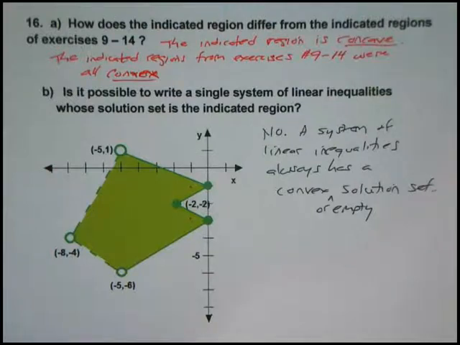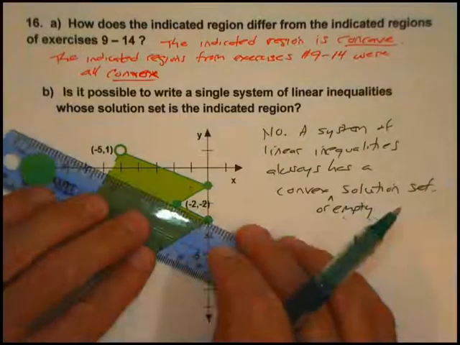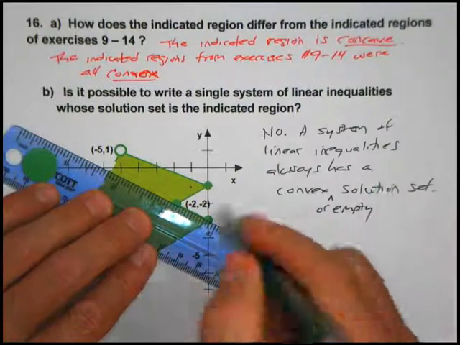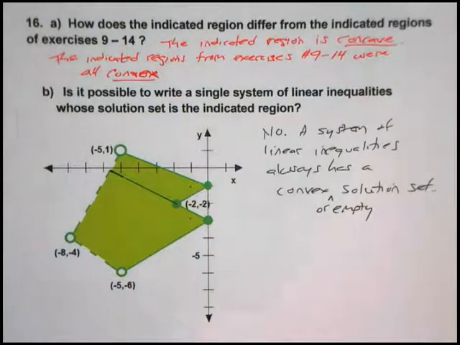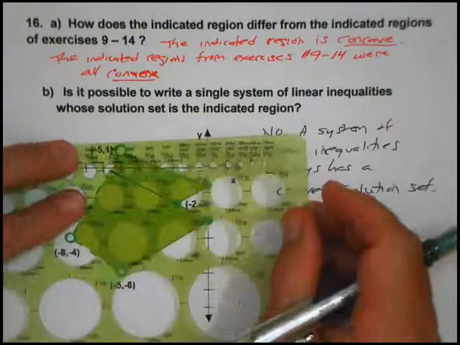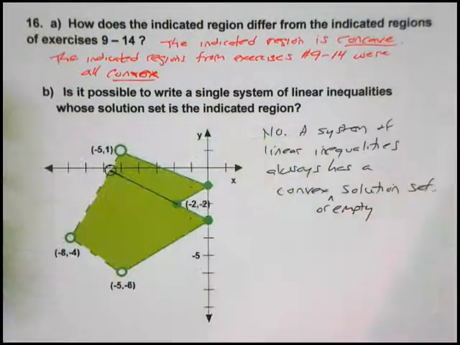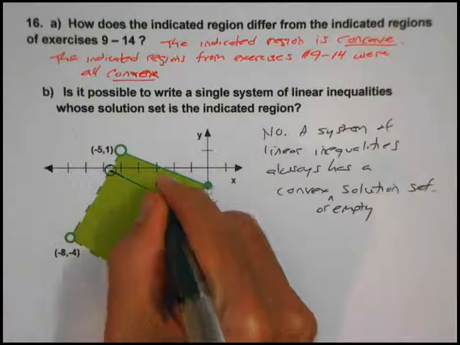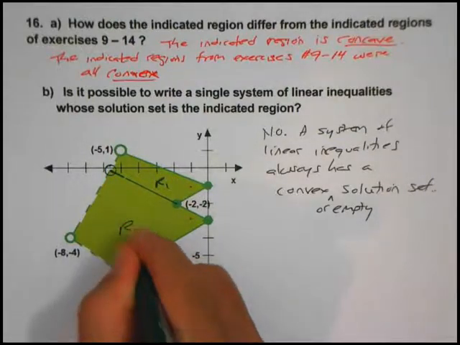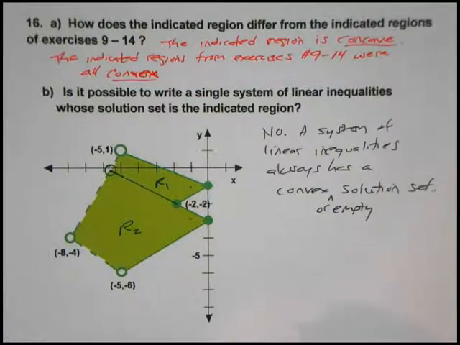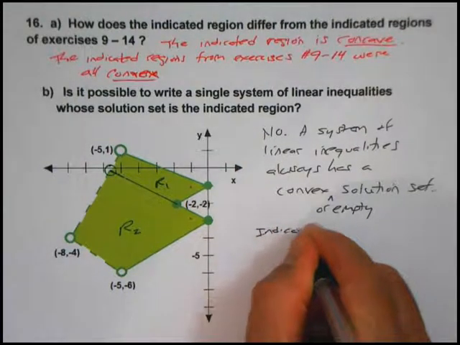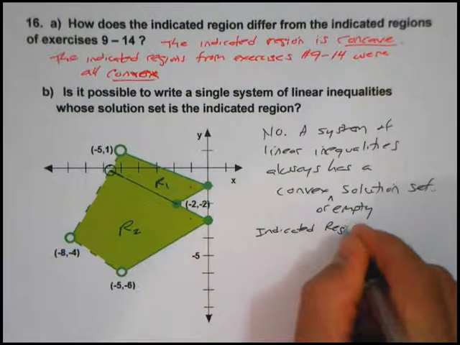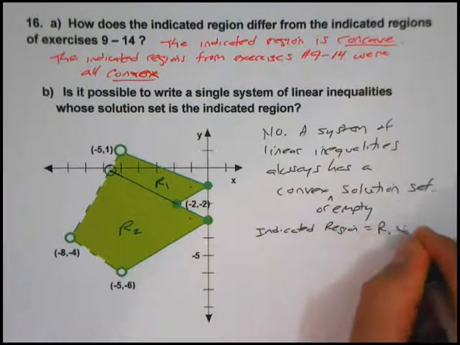So, for example, you could maybe extend this boundary line up like this, and then you have this being R1 and this being R2, and then you can say that the indicated region is equal to R1 union R2.